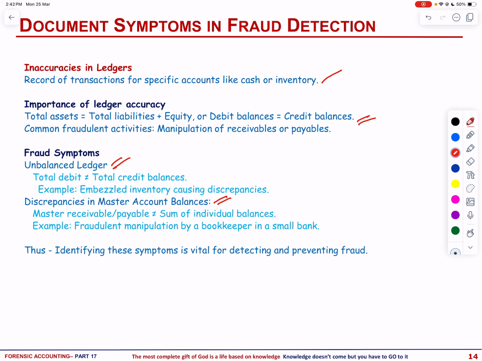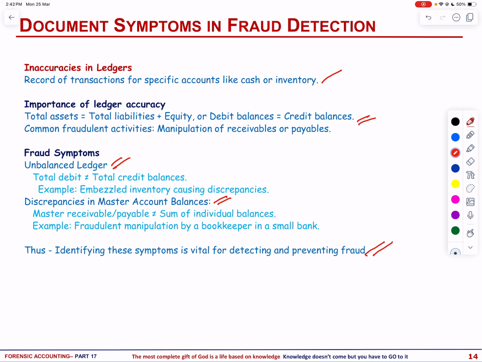For instance, in a small bank, a bookkeeper perpetrated fraud by manipulating individual customer balances without adjusting the master account balances. The discrepancy in ledger balances exposed the fraudulent activity. Thus, identifying these symptoms is vital for detecting and preventing fraud.